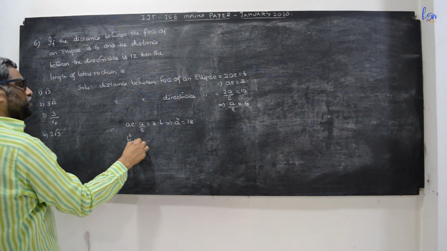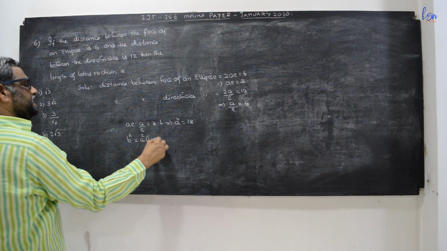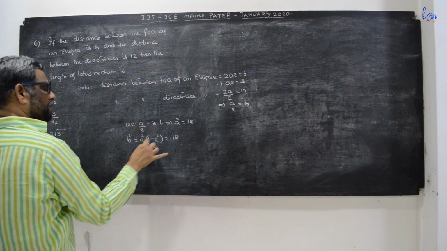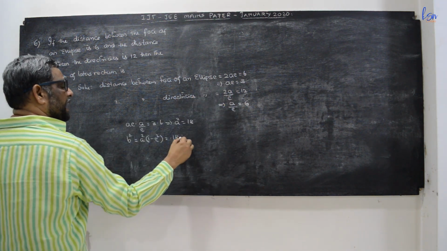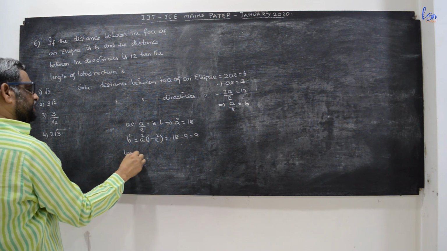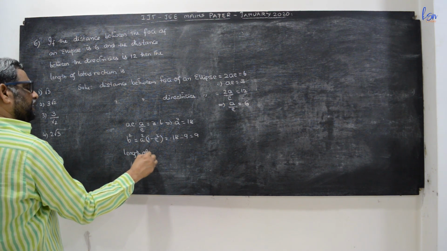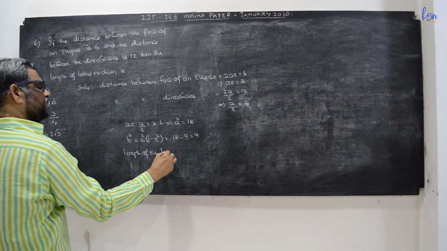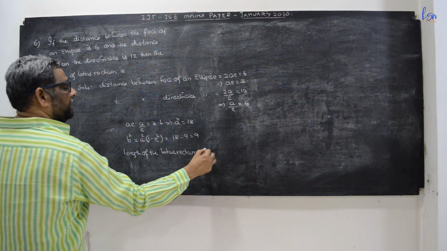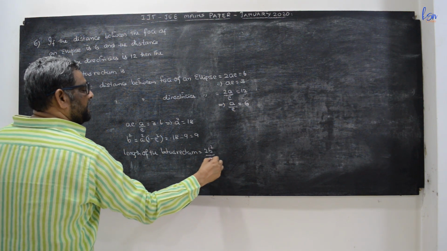Now B square equal to A square into (1 minus E square), which is 18 minus A square E square, 9, equal to 9. Now the length of the latus rectum of the ellipse is equal to 2B square by A.